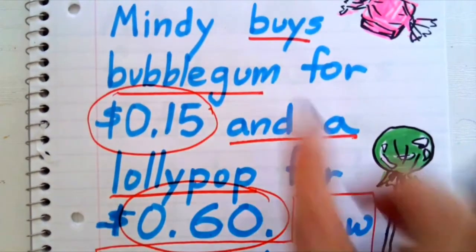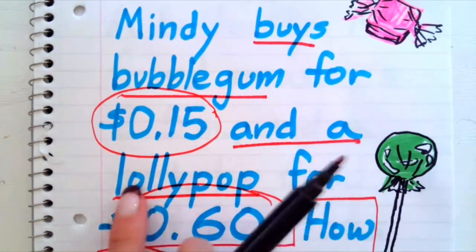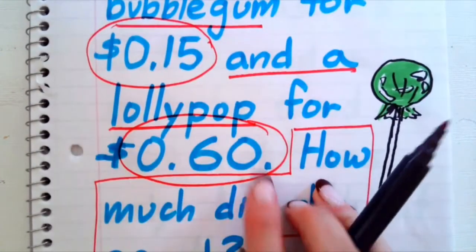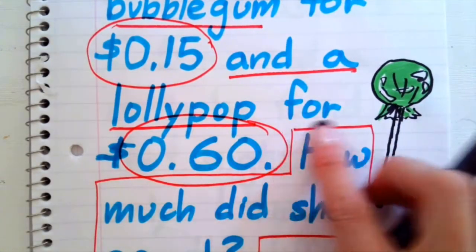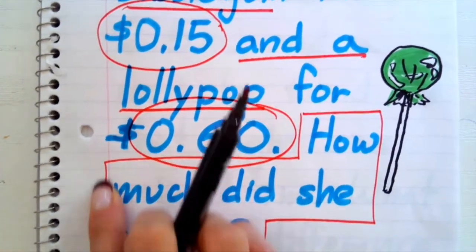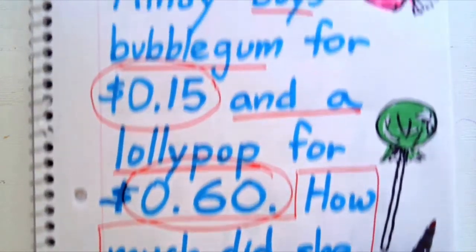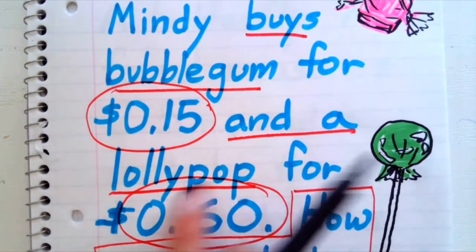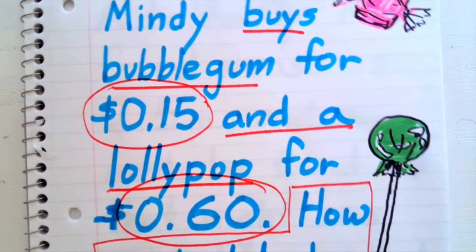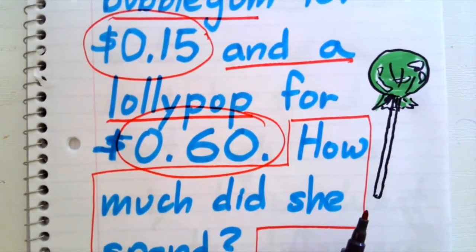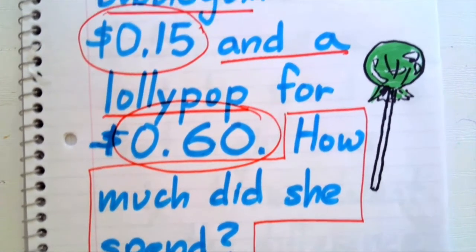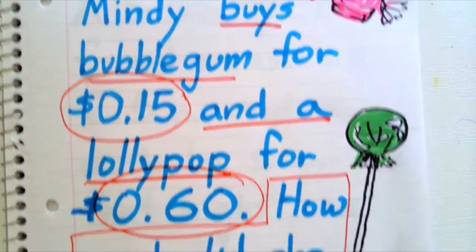Did you notice that I underlined what the problem was about or other important information, that I put a box around the question I am trying to answer, and I circled the numbers that have the information I will need? You can also cross out information you do not need, but I don't see anything here like that.